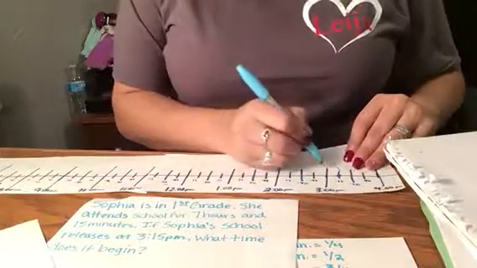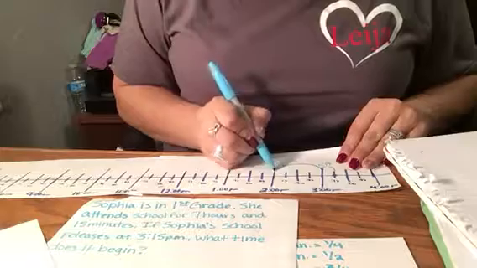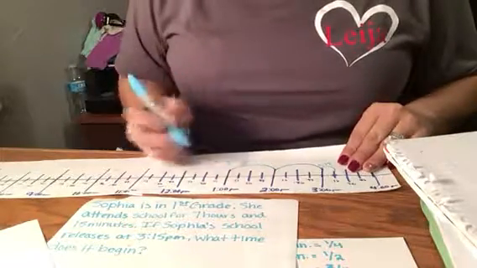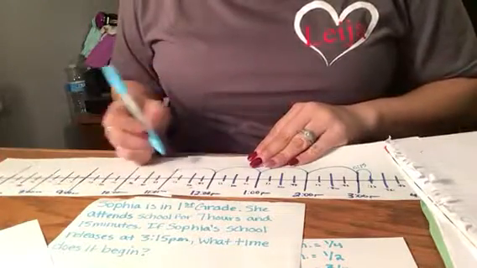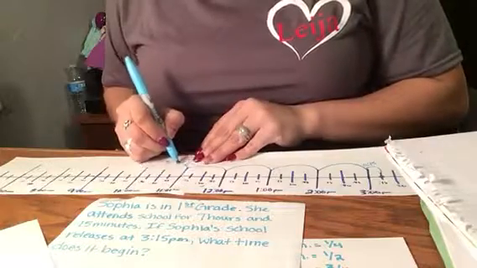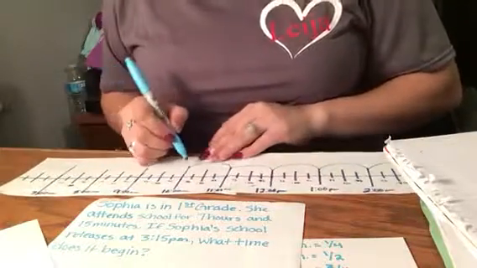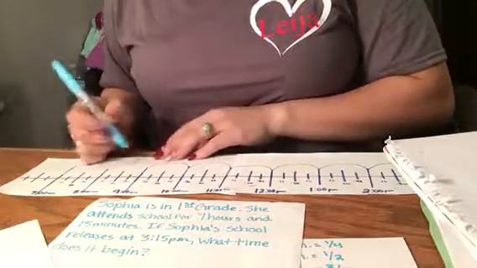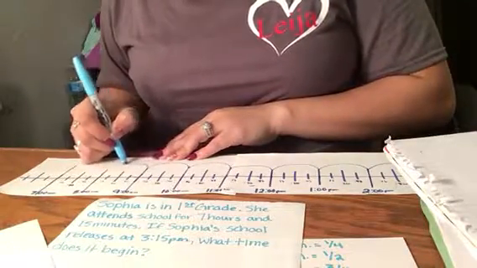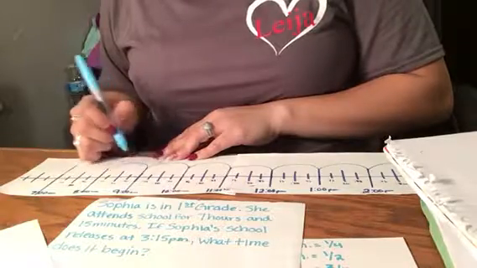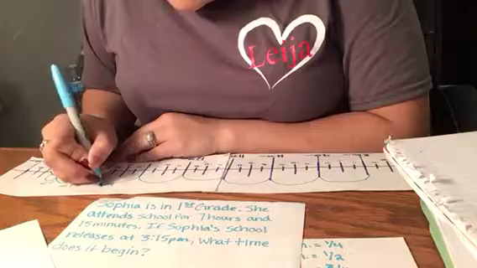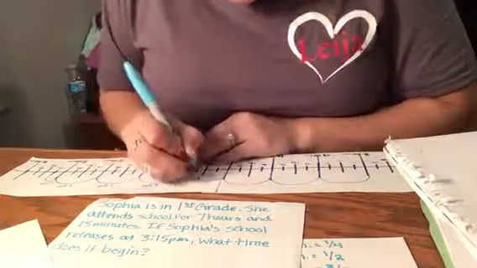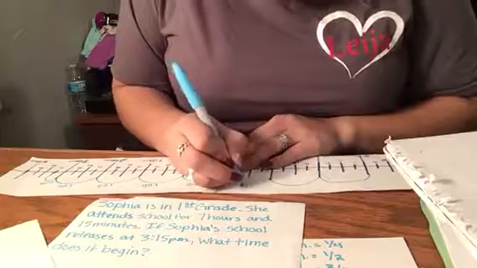So from 3 to 2 is 1 hour. 2 to 1 is another hour. 1 to 12 is 3 hours. 12 to 11 is 4 hours. 11 to 10 is 5 hours. 10 to 9 is 6 hours. And 9 to 8 is 7 hours. So I'm going to write 1 hour above each one. That way we know how much each is worth.